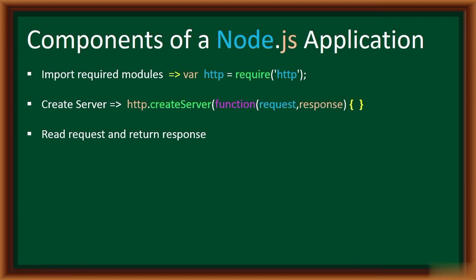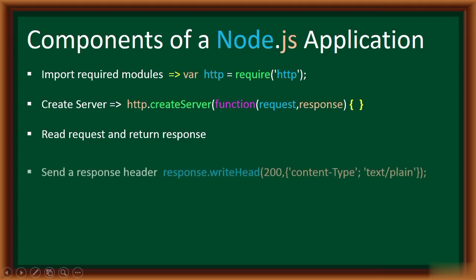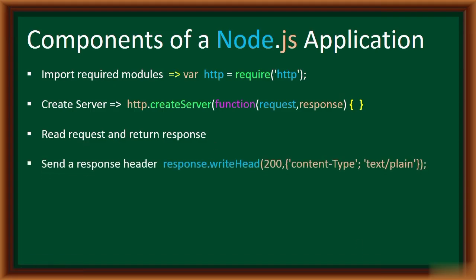Other parts that go with the read request and return response include sending a response. When you want the server to read a request or interpret a response, you have to send a response header, and this is how you write the response header.